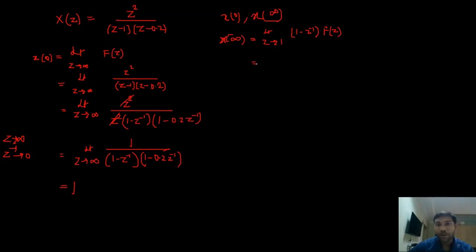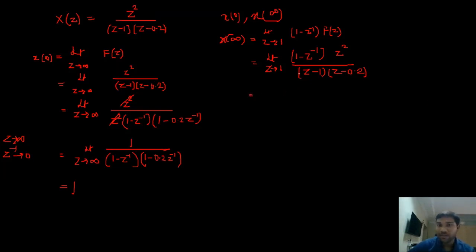Now limit z tends to 1, 1 minus z inverse, what is f of z? z square divided by z minus 1 into z minus 0.2. Now let me simplify this equation.